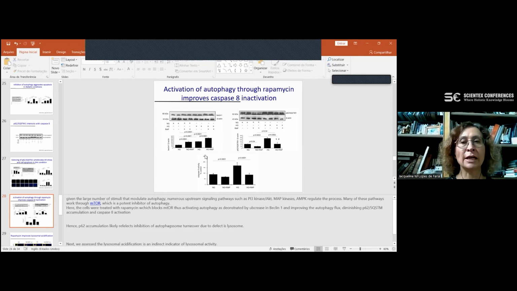In this set of experiments, we treated the cells under high glucose with rapamycin, and we could see clearly the increase in Beclin, which is indicative of initiation of autophagy, and a decrease of P62 sequestosome, meaning that all the content was properly digested by lysosome, decreasing the activity of caspase 8, preventing the apoptosis.